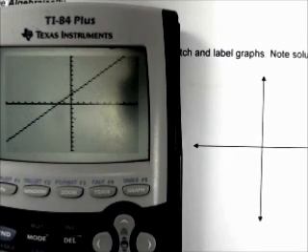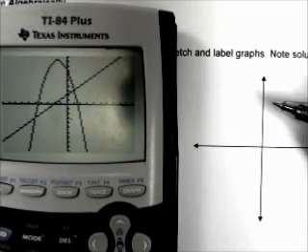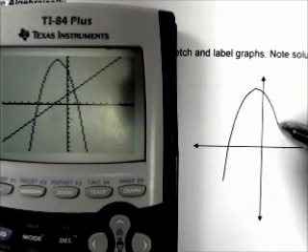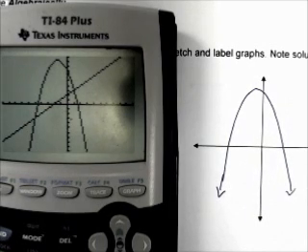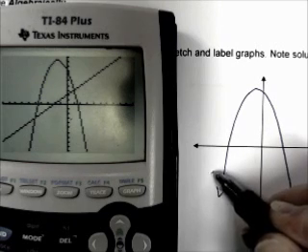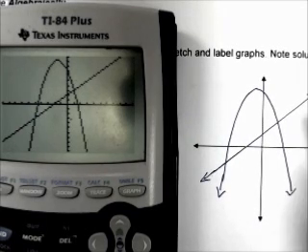There's our line, and now here's our parabola. Let's sketch these two on the XY axis that are provided for us. Okay, we have two graphs.